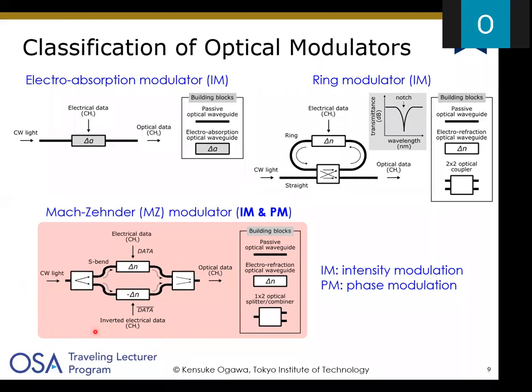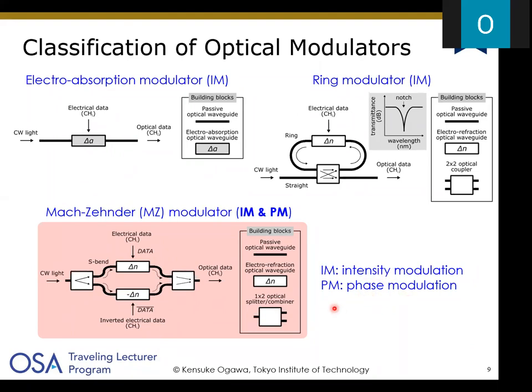Now I'm dealing with this one. We have interferometer arms in a waveguide system with a 1x2 splitter and a combiner. This forms an interferometer, and this type of modulator based on the Mach-Zehnder interferometer is used both for intensity modulation and phase modulation.